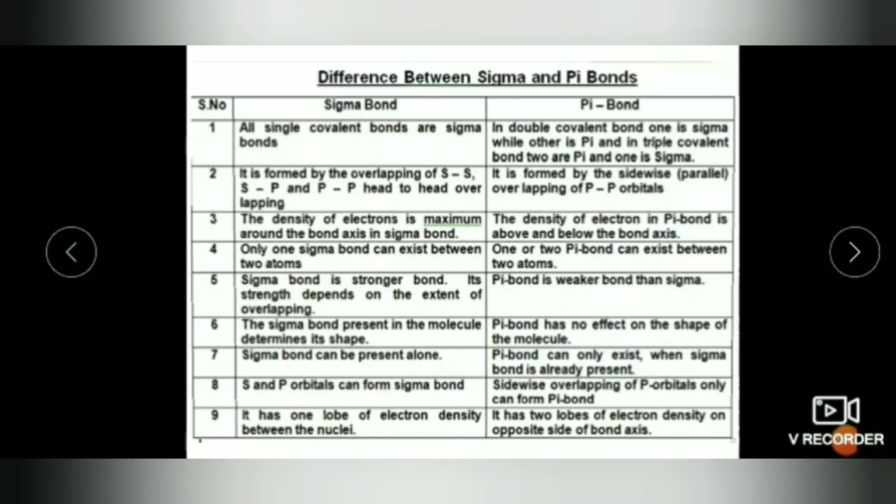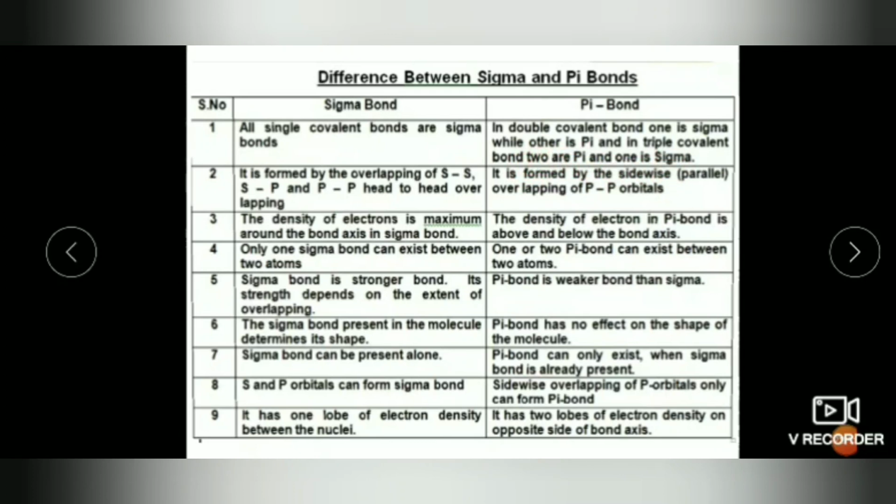A double or triple bond contains pi bonds. A double covalent bond has one sigma bond and one pi bond, and a triple covalent bond has one sigma bond and two pi bonds.